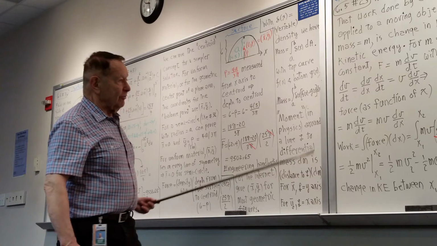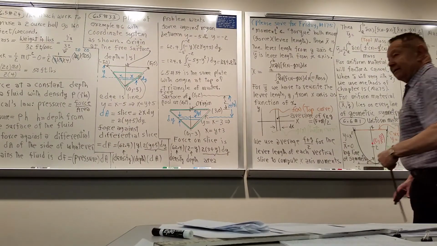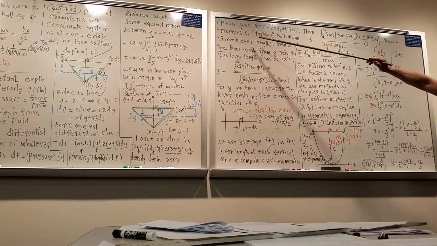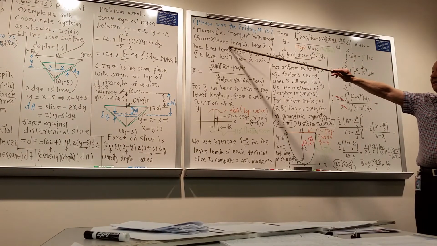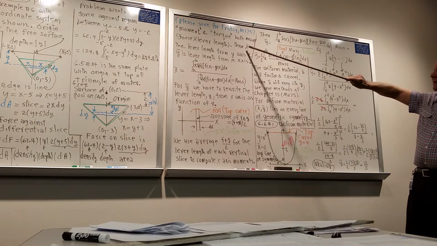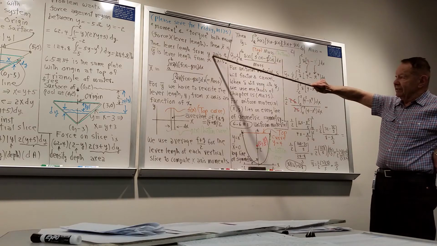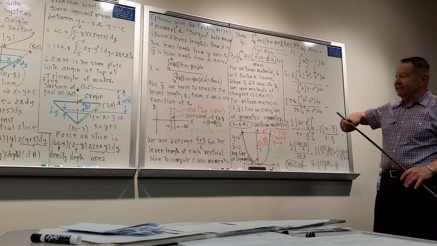So now we go over to here, and what I was trying to say is that moment and torque both mean a force times a leverage length. Then x bar is the lever length from the y-axis, and y bar is the lever length from the x-axis.